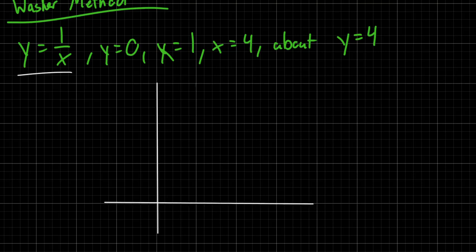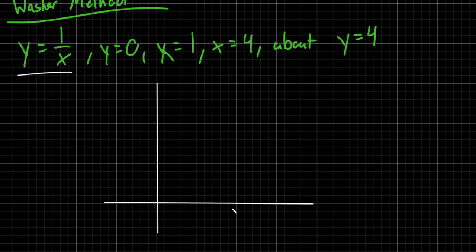Okay, I'm going to start with my function. Does anyone remember what this function looks like? Well, it's like 2 halves of this function. We only want the one in quadrant 1.